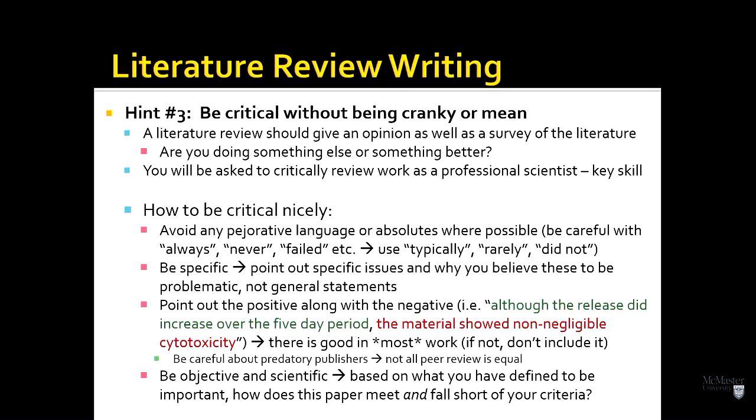You don't want to leave out important papers that are very relevant and important. But you don't have to include really bad things if you don't think they add value. And also then be objective and scientific. So again, based on what you've defined to be important, how does this paper meet and fall short of the criteria, right? So again, don't just list, put some context in it, add some value to your discussion.